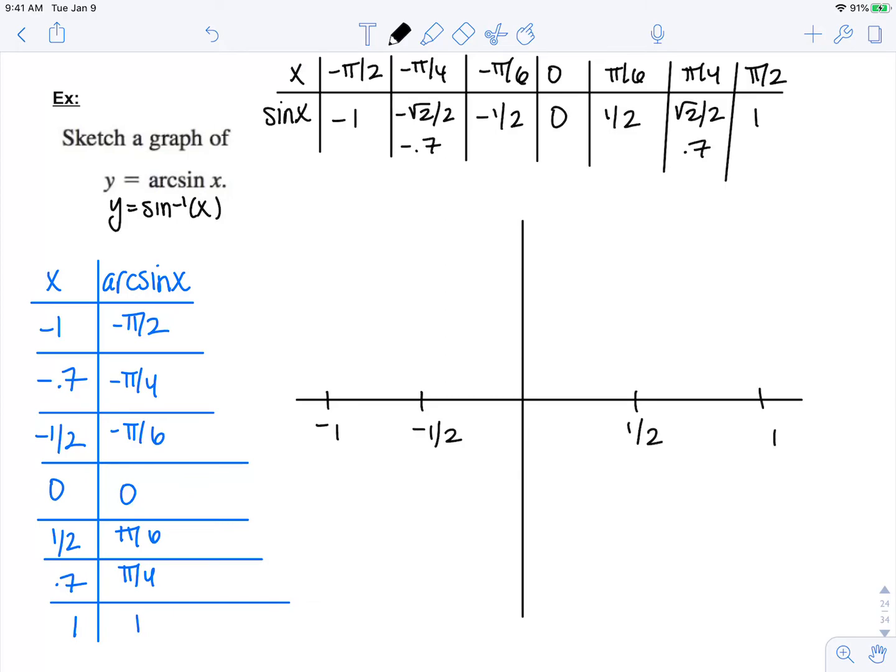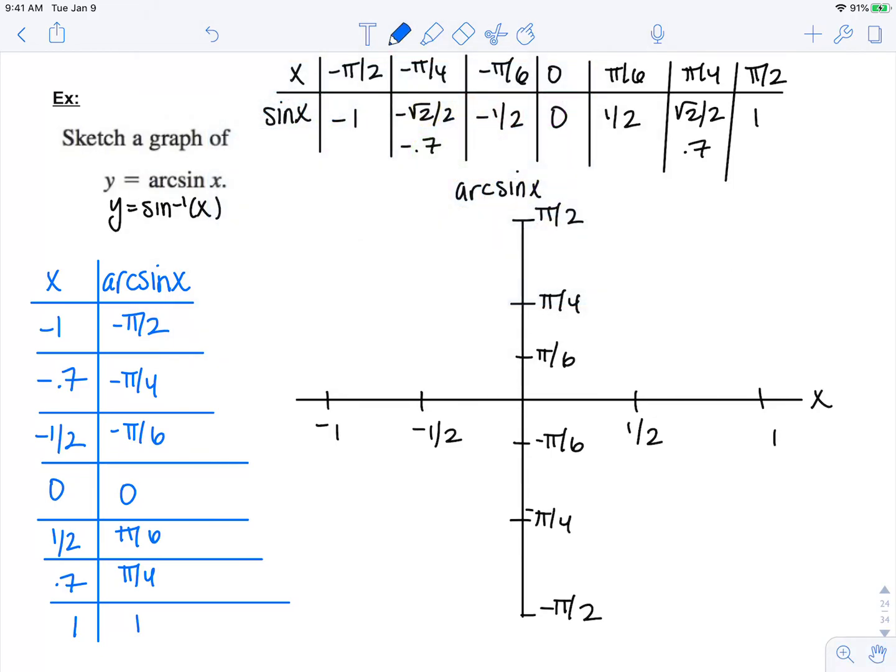And my y values are now going to be my angles. So this is going to be pi over 2, pi over 4, pi over 6, negative pi over 6, negative pi over 4, and negative pi over 2. So this is going to be x, and this axis is arc sine x.